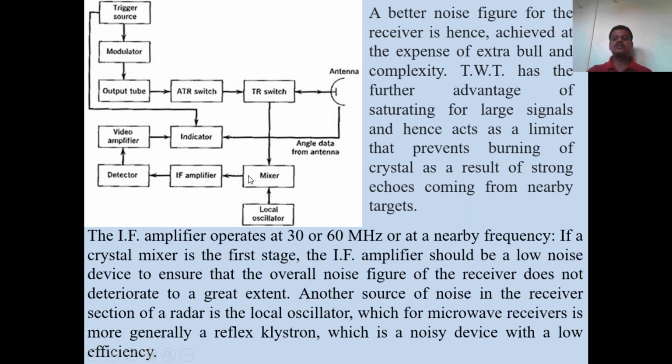And a better noise figure for the receiver section is achieved by using the extra bulb and complexity. Sometimes a traveling wave tube is also used, and it has the advantage of saturating large signals, and therefore it works as the limiter, which prevents the burning of the crystal diode as a result of the strong echoes which come from the antenna.